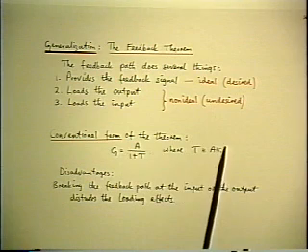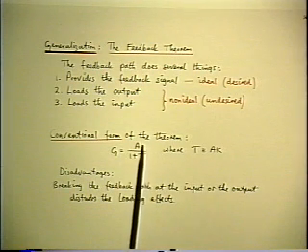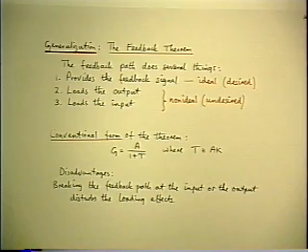Conventional form of the theorem, you identify A and K, you break the loop and try to find A, but you run into trouble.